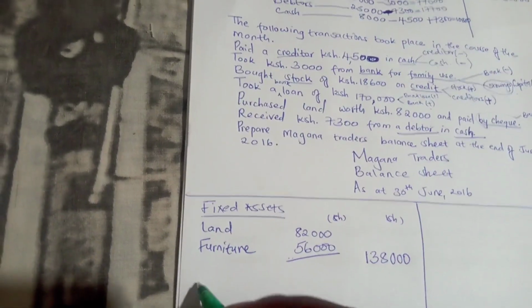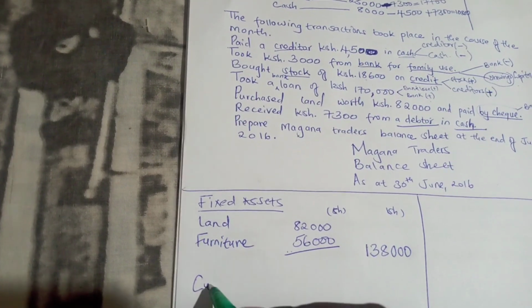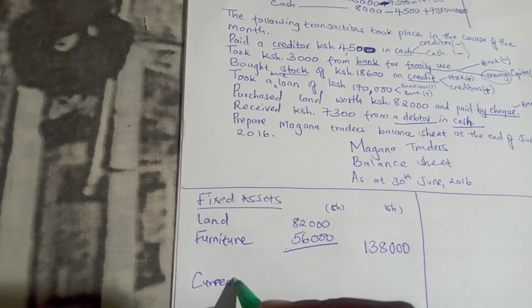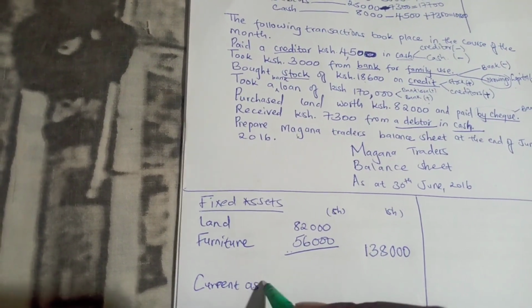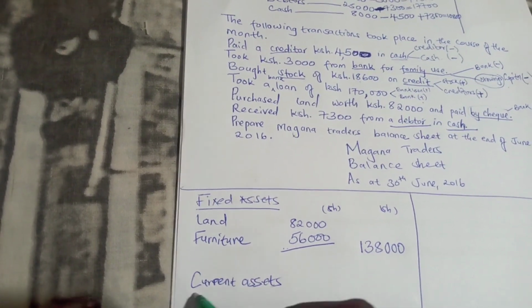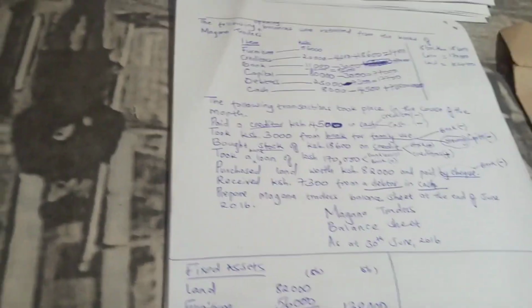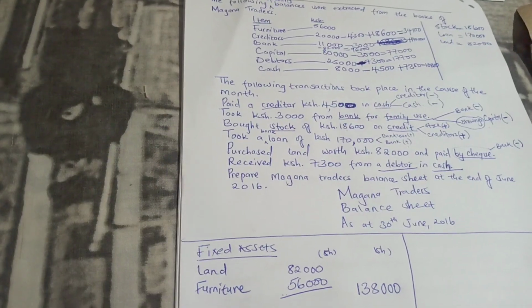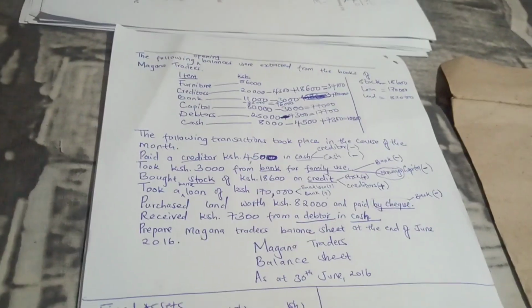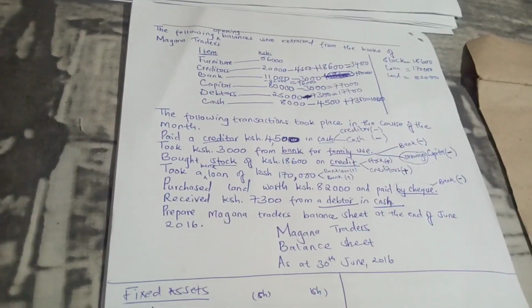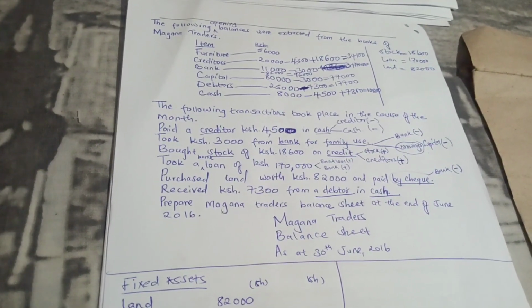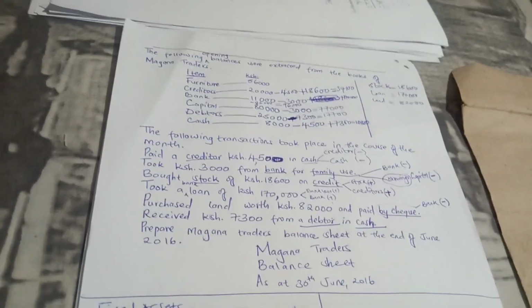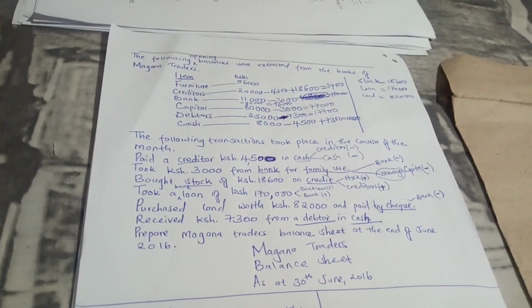Then we move on to our current assets. We have stock, whereby our stock is 18,600.